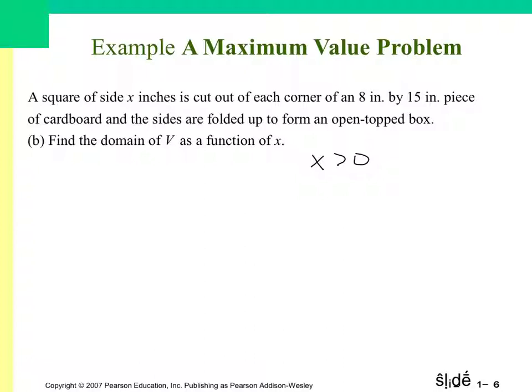Well, if you think about this, if the height is 4 and you cut 4 inches off each side, the domain has got to be from 0 to 4. I guess you could technically say greater than 0. It wouldn't have a volume, but still you could cut nothing off and you'd have a strip.